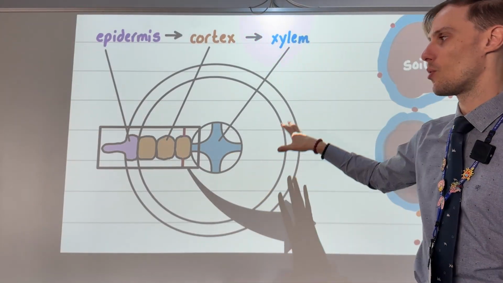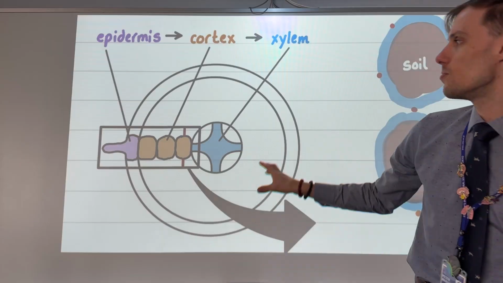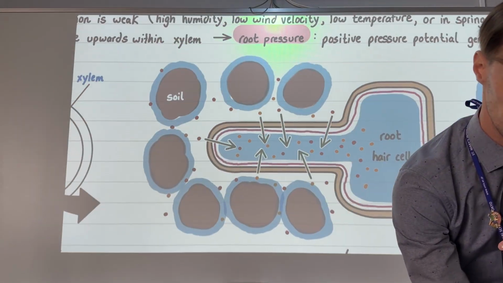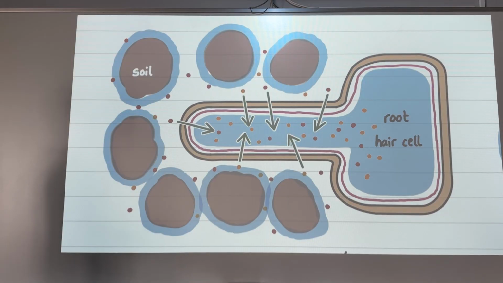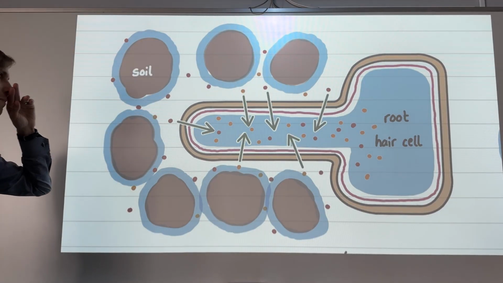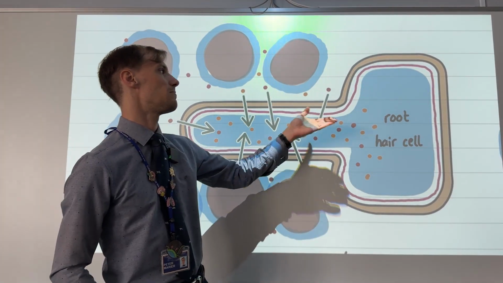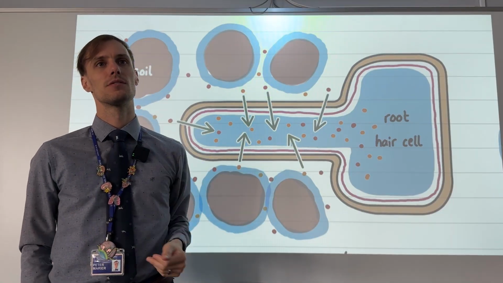So let's look at what's going on in the roots. Let's zoom in to this section right here, and let's take a look at a single root hair cell. So a root hair cell, again, predict why a root hair cell might look like this.